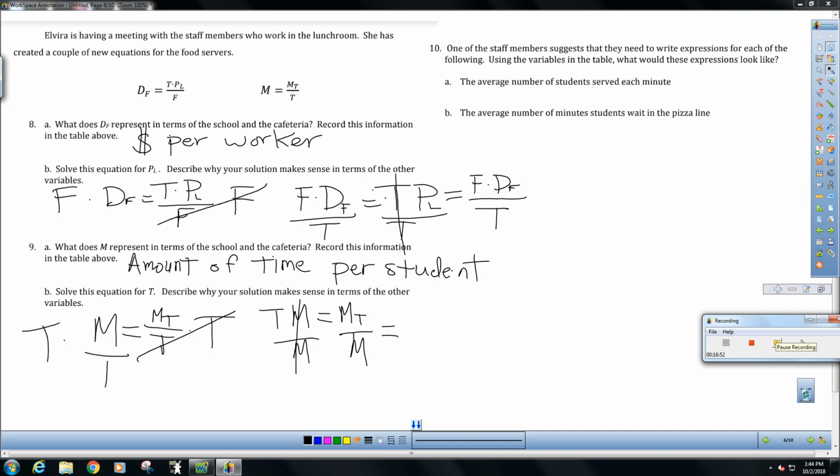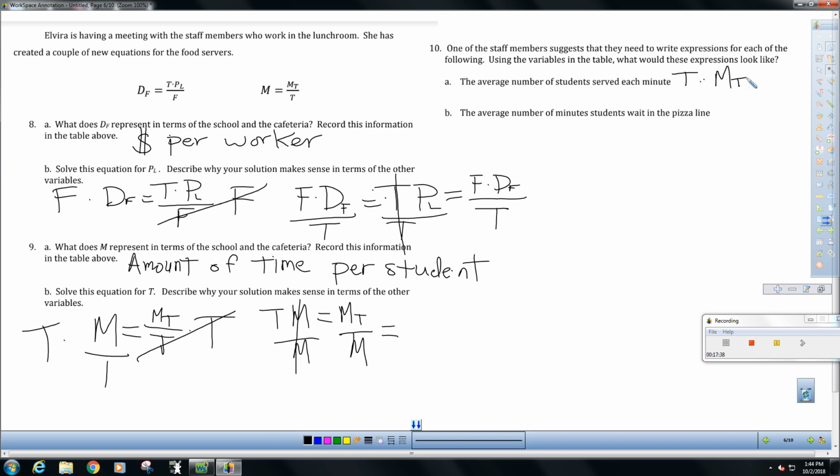So, how many students are served in each minute? Well, let's take the total amount of lunches. Okay? Let's multiply it by M sub T, which is the amount of time in minutes it takes to serve each student, right?